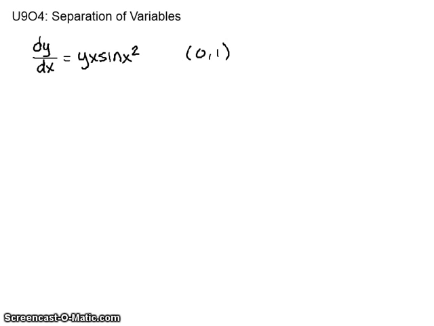Now there is a set algorithm, a set bunch of steps that we need to take in order to solve our differential equations using separation of variables. So I'm going to put those off to the side as we work this one out. The first thing we want to do is separate all of our variables.